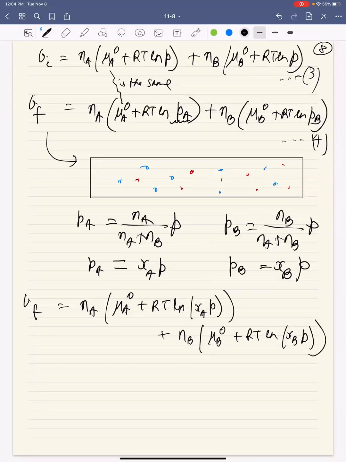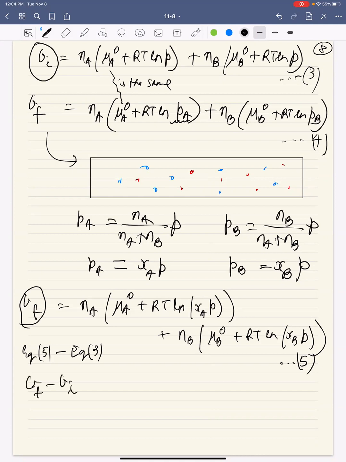So now we are ready to calculate our GF minus GI. This is equation 5. Equation 5 minus equation 3. Left hand side is GF, and here left hand side is GI. So GF minus GI. NA mu naught cancel out, right? NB mu naught cancel out.